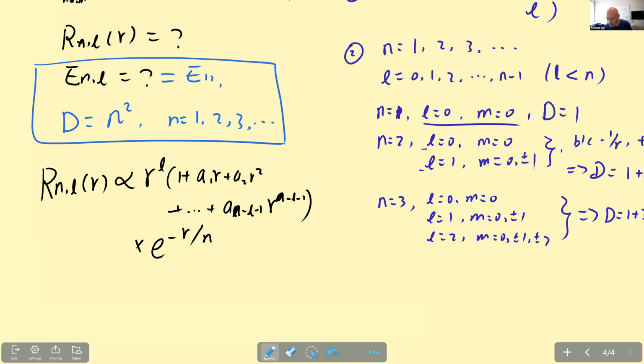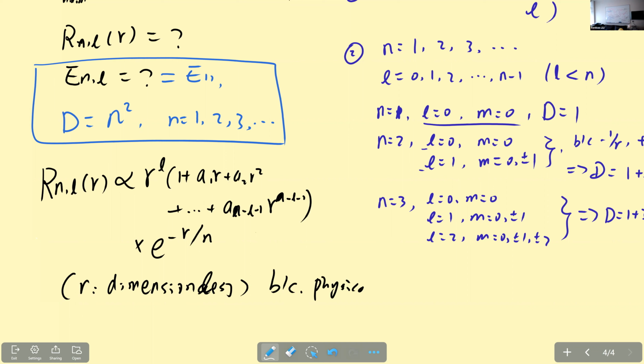Okay, and this r is dimensionless. And the reason for this is that it's because of the physical boundary conditions. Right. So that's the main result.